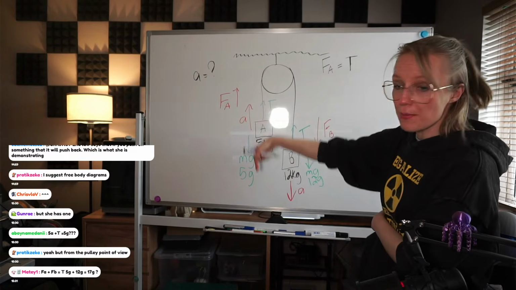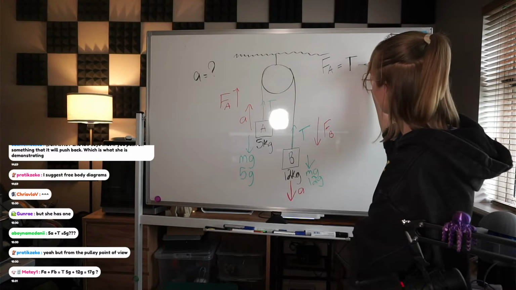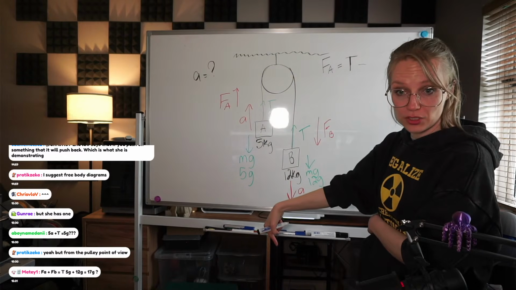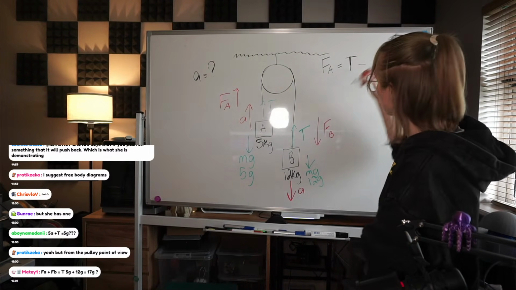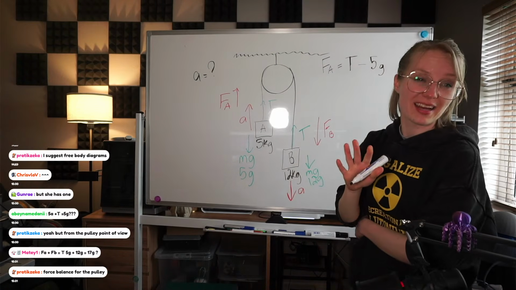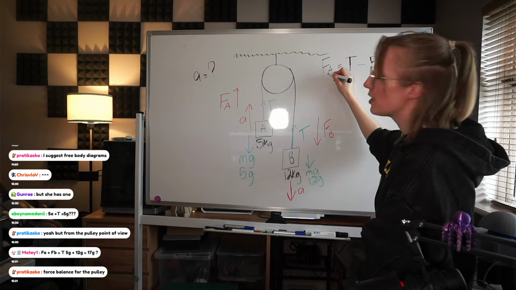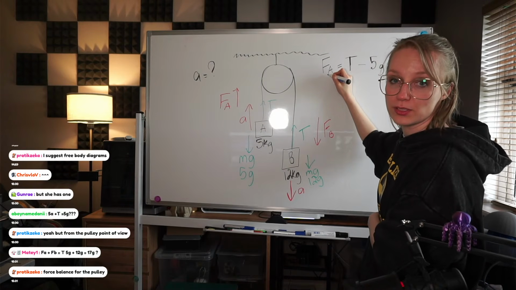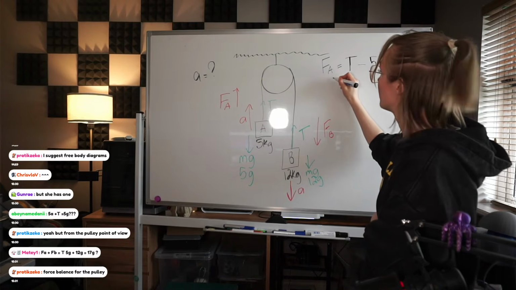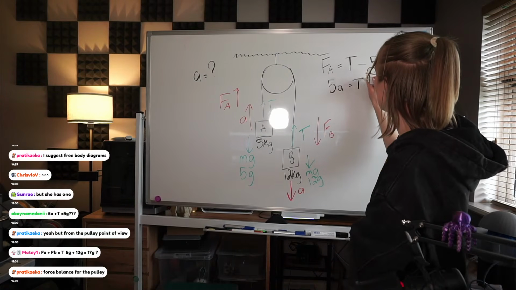But the weight must be acting downwards due to gravity, and it's in this direction, minus 5G. So we almost had everything correct, just a small pedantic mistake there. Force FA is equal to mass times acceleration. The mass is 5, acceleration is A, equal to T minus 5G.